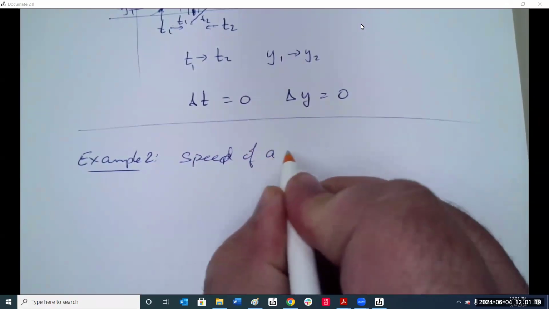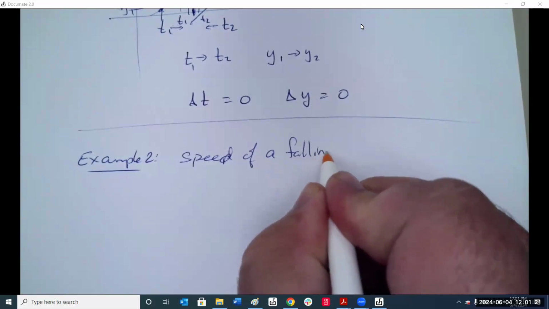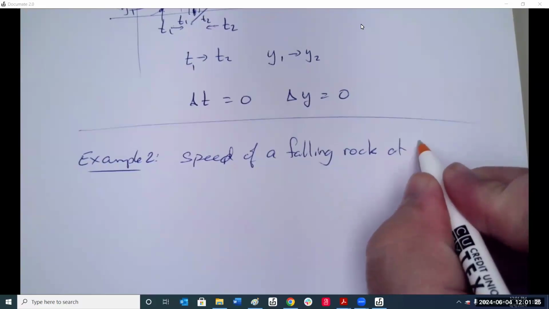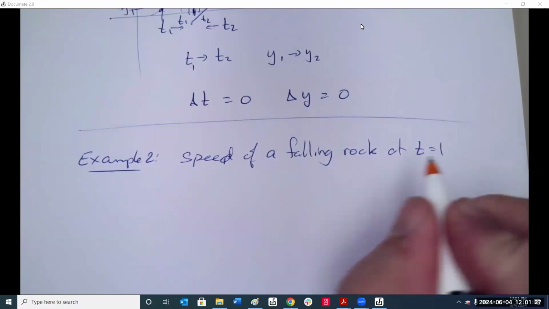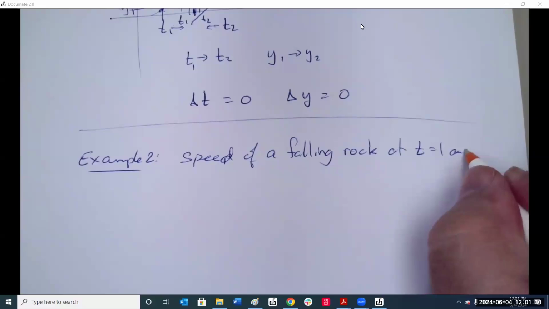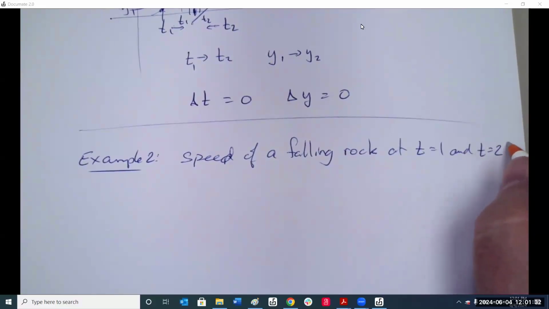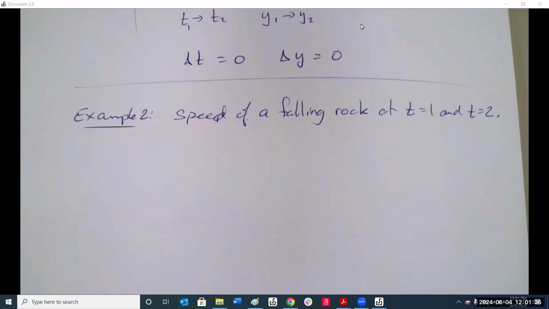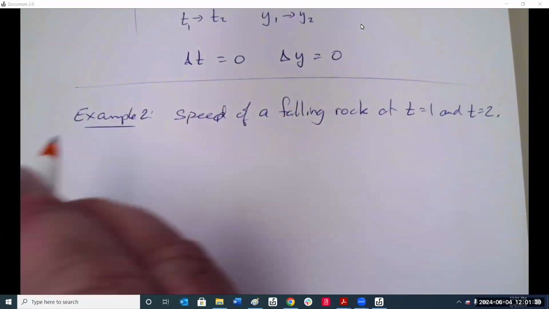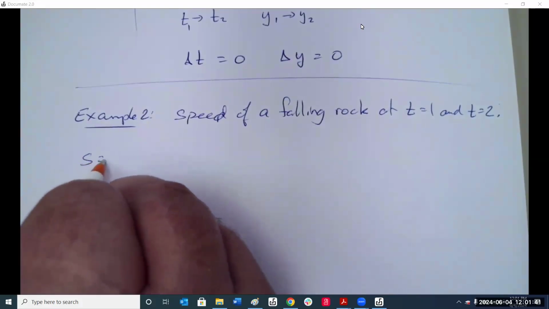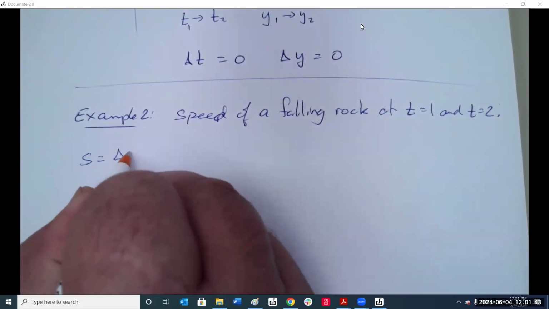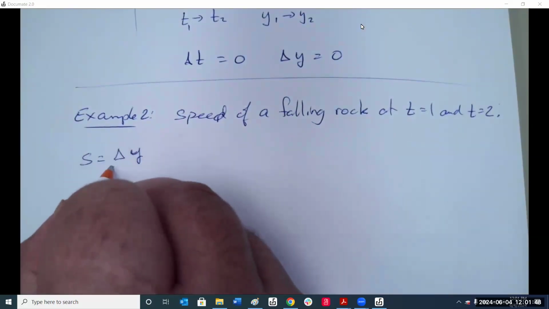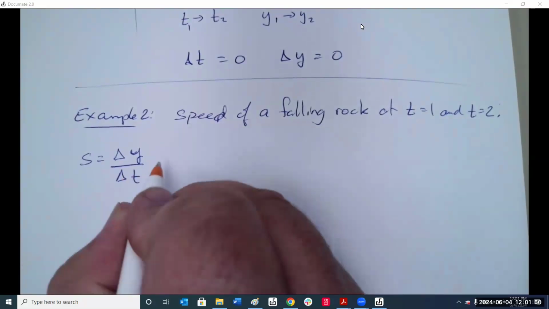Speed of a falling rock at T1 and T2. So again, speed is the change of your position over the change of time.